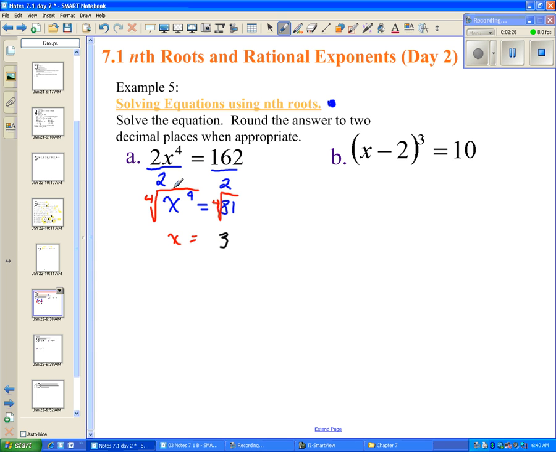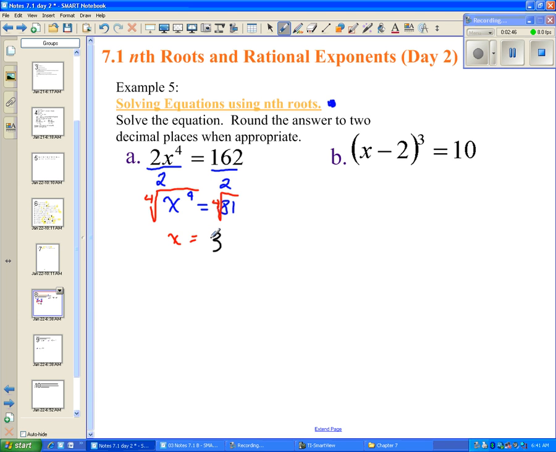But you always have to remember, this is a fourth root. A fourth root works just like a square root. And that's not a 2, I want a 3 there. So a fourth root works just like a cube root, a square root.